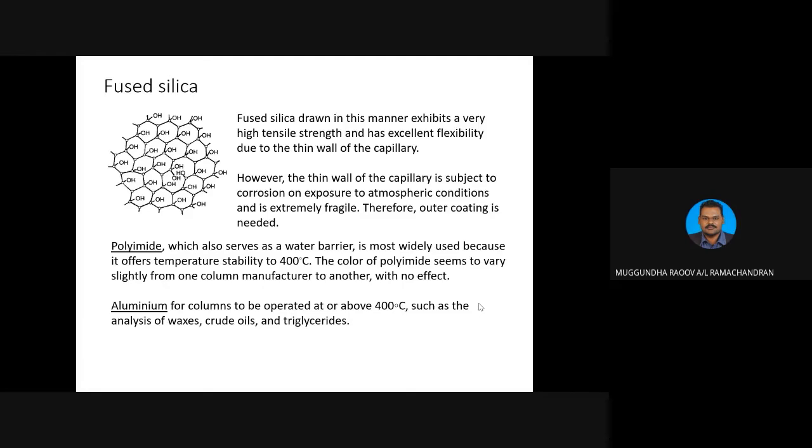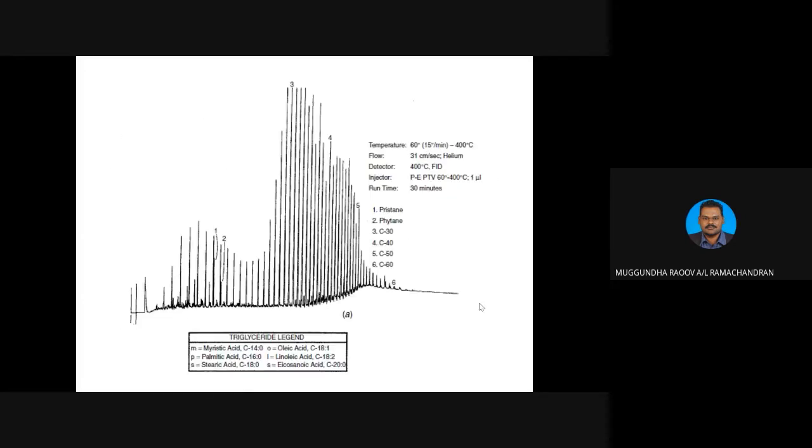This is a fused silica column with polyimide coating, and aluminium coating for columns to be operated above 400 degrees Celsius, for example for crude oil, triglycerides, and so on. So this is the example of triglyceride separation, class. Many peaks are here, but about five peaks belong to the triglycerides.